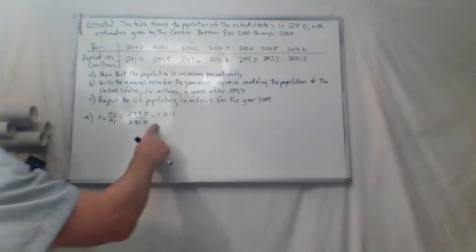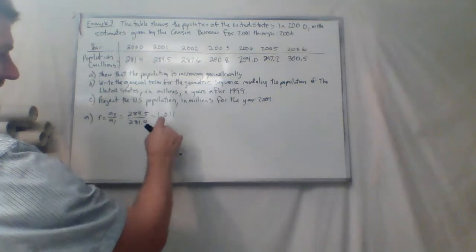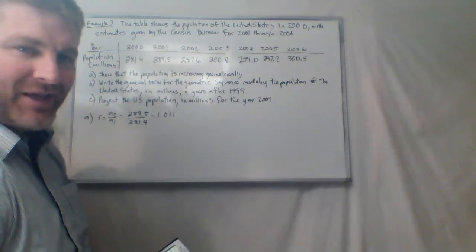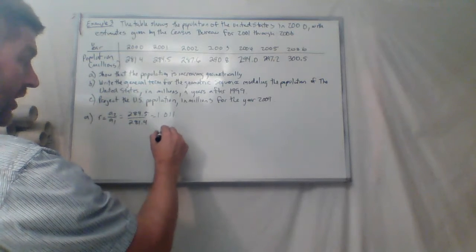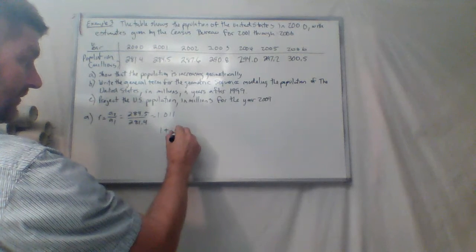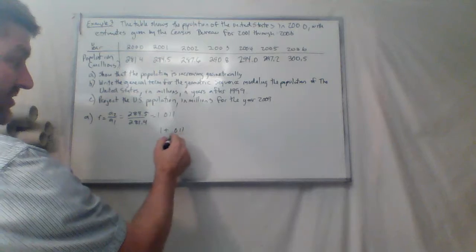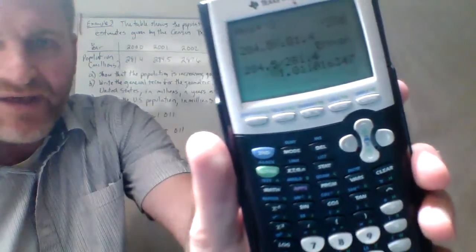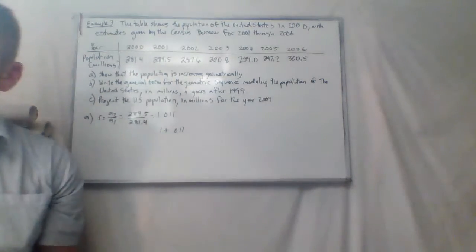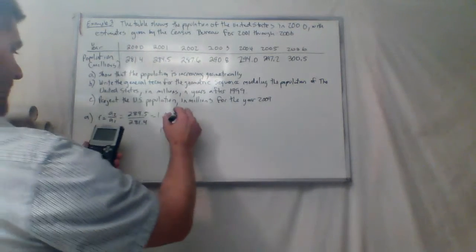So what this means is your population has grown by 1.1% because it's 1 plus the rate. And now this keeps going, it's not a nice number. That value keeps going.